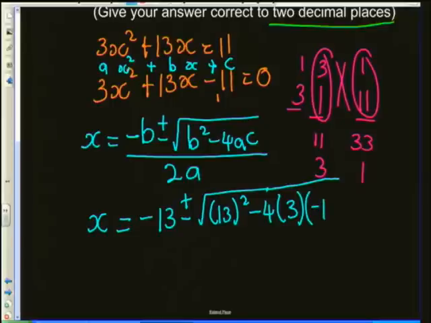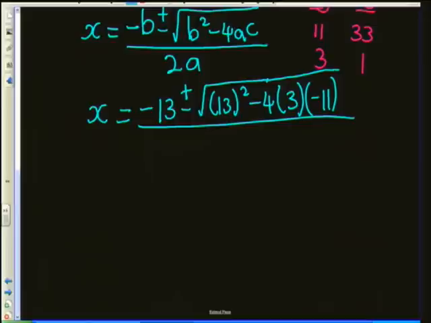Do not forget your signs, because what we did here is we actually went plus negative 11, okay? And the plus and the negative next to each other give me a negative, right? So all over 2, let's extend the page, 2 multiplied by a, okay?